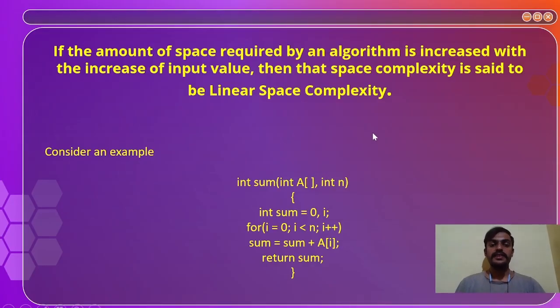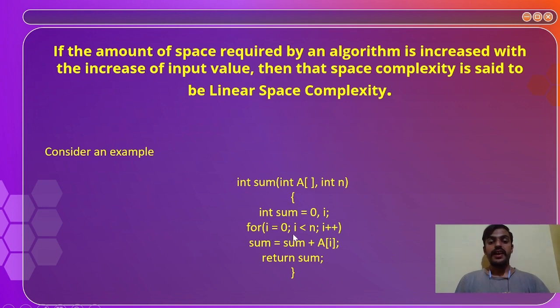If the amount of space required by an algorithm increases with the increase of input value, then that space complexity is said to be linear space complexity. Consider an example. In sum, the arguments are an array of integer type and a variable of integer type. int sum is equal to 0, and we have declared a counter variable i which is of type int.